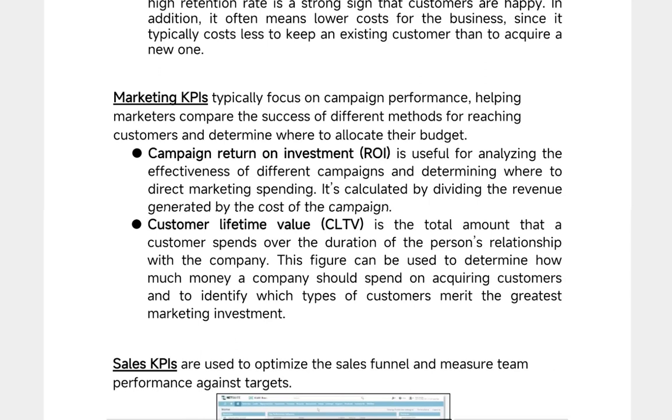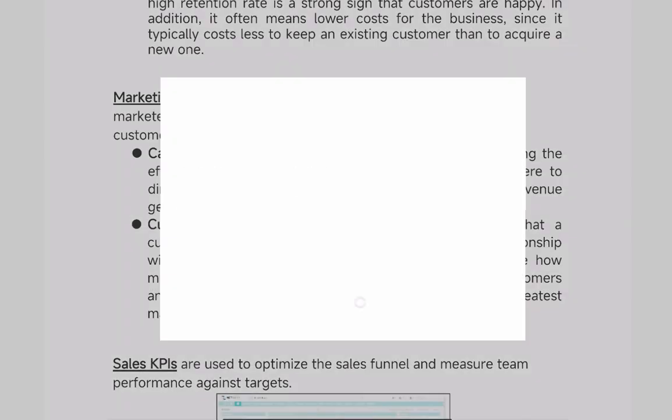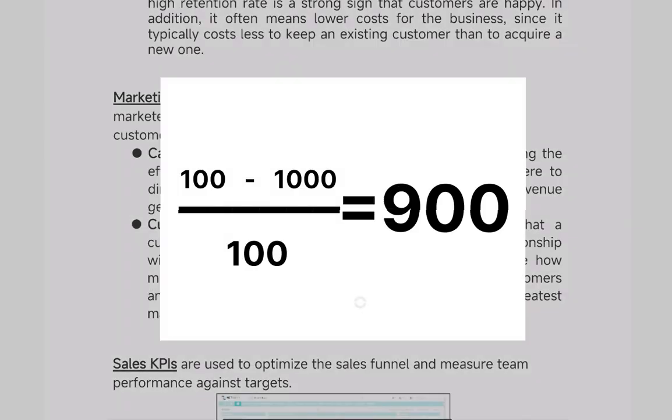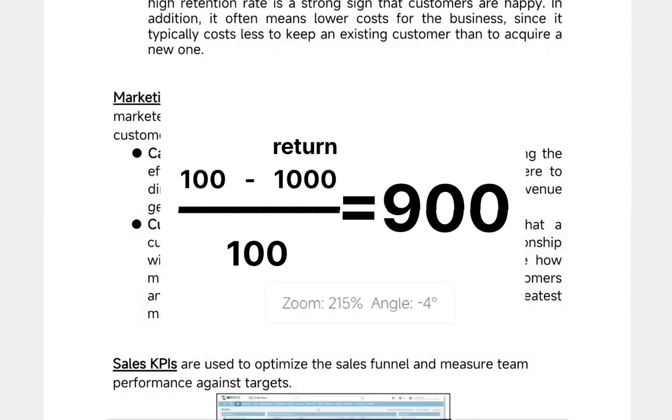Okay, so we have a formula for ROI. ROI is equal to the return minus the investment, divided by the amount of investment. For example, you invest 100 pesos in your business, then your customers purchase your product and it gains 1,000 in return.